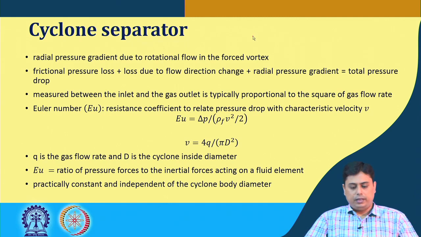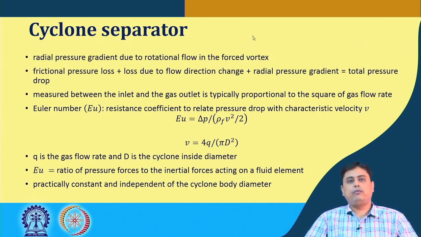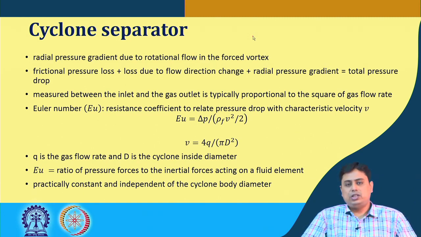Now, in such a cyclone separator there is a radial pressure gradient due to the rotational flow of the free forced vortex. The total pressure drop is measured between the inlet and the gas outlet. This total pressure drop is the frictional pressure drop plus the loss due to the flow direction change of the vortex plus the radial pressure gradient.